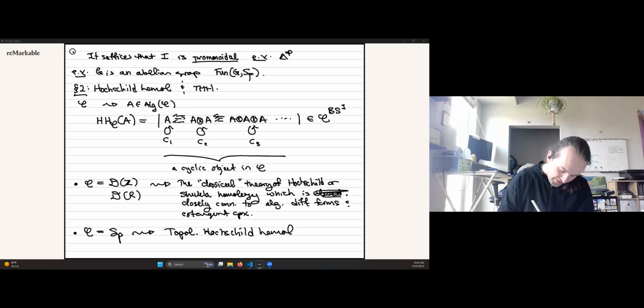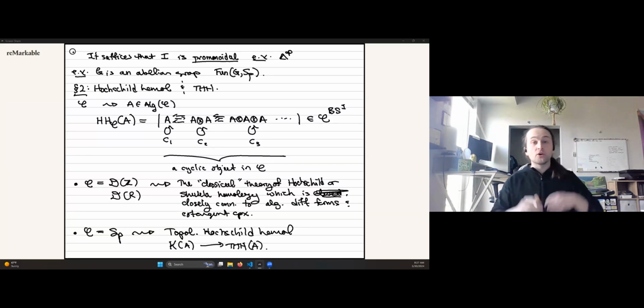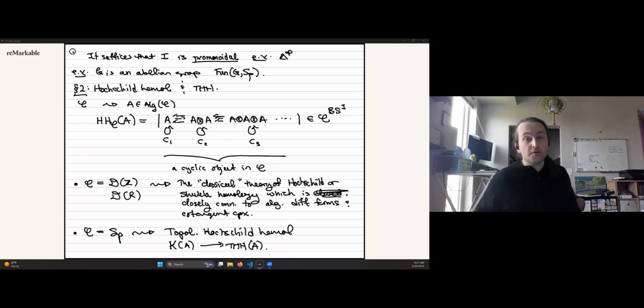And this is very famously related to algebraic K-theory. You have this map called the Dennis trace, which goes from the K-theory of A to THH of A. It's not a great approximation to algebraic K-theory, but it's good enough for some purposes. For instance, Bökstedt originally used this map to deduce that various homotopy groups of the K-theory of the integers must be non-zero, because it has to surject onto some non-zero classes in THH of the integers.